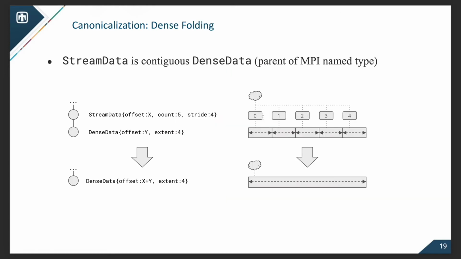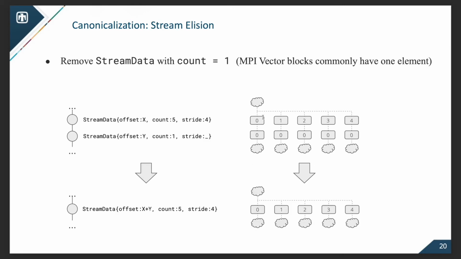Quickly, there are a couple of these transformations. The first is recognizing that we might have a stream of dense data that could be represented as a single dense data, just based on the parameters of the stream, because all of the child elements are contiguous in memory. The next one is if you have a stream data of count 1, which commonly comes up if you use MPI vector with a block size of 1.